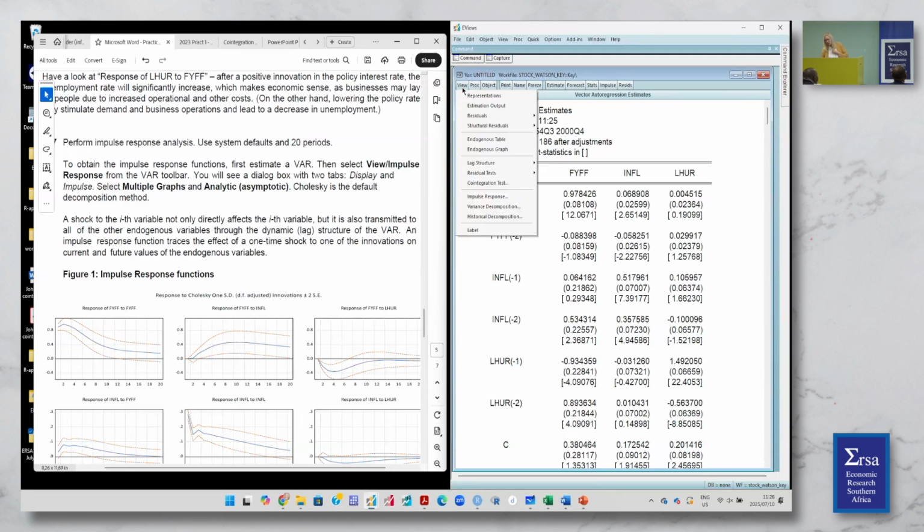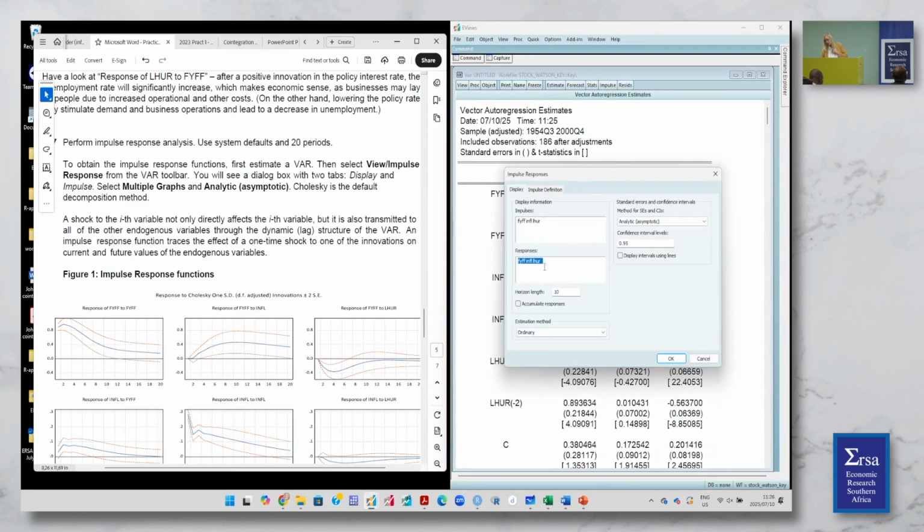So if we go to view and we go to impulse responses, obviously choose a horizon length, maybe 4 years. It's quarterly, so if we choose 36, it will be 9 years.